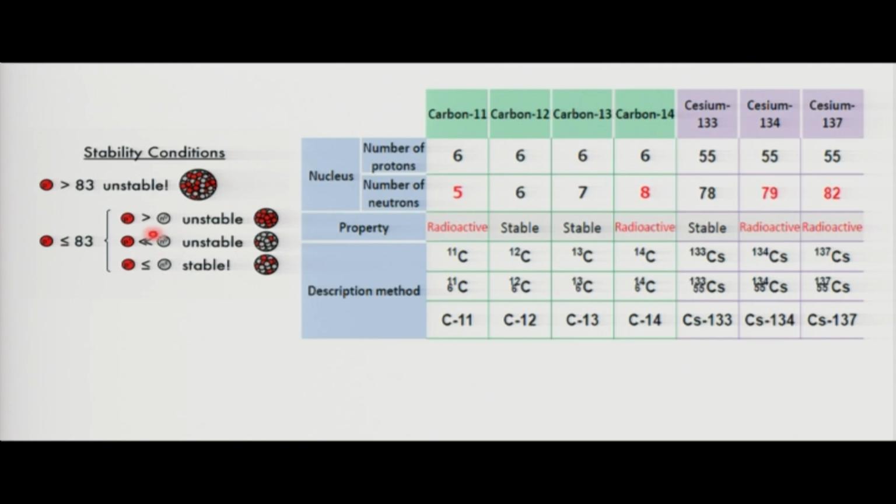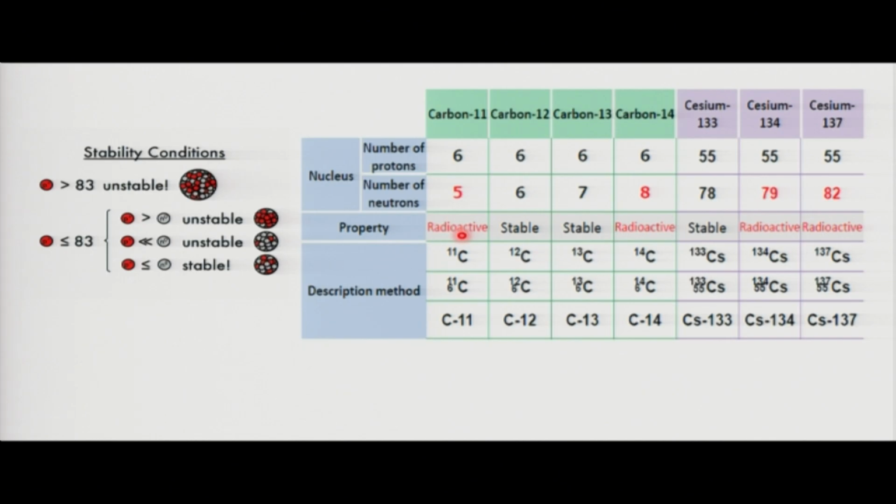The first case, if the proton number is greater than the neutron number, the nucleus is unstable. This is the specific example, carbon. You know our bodies are made up of carbon. It's part of the elements. The plants are also having carbon in their makeup, so carbon naturally exists.